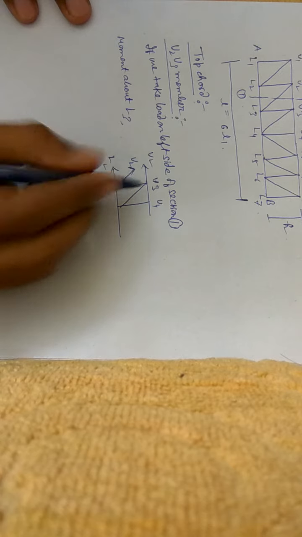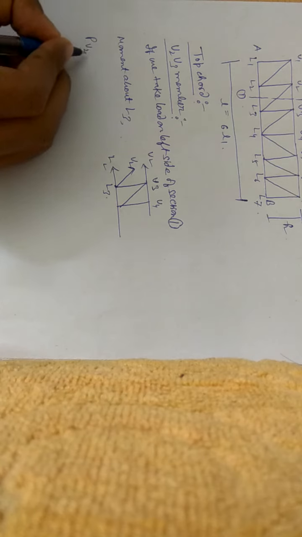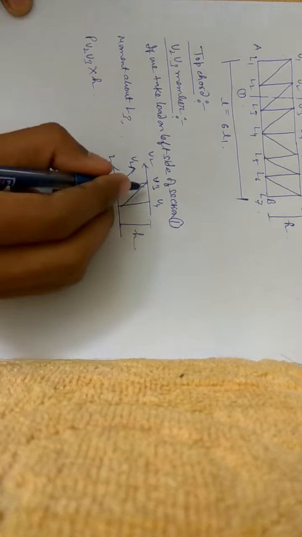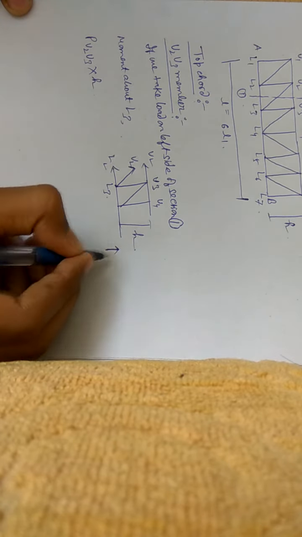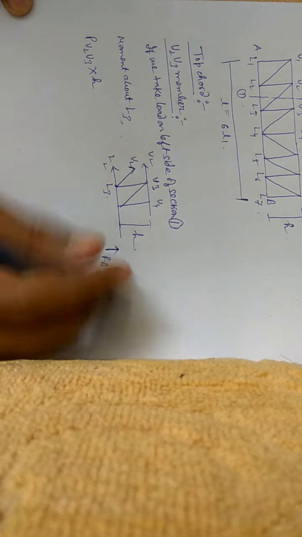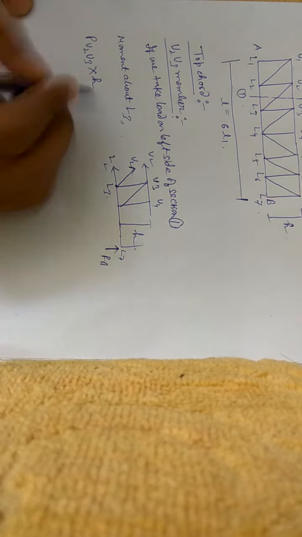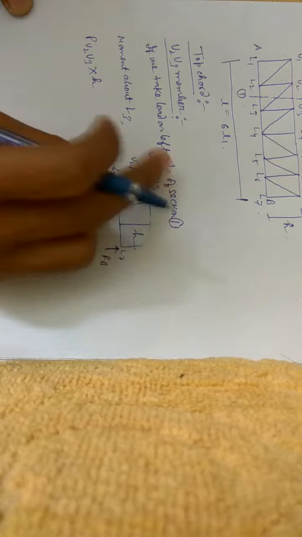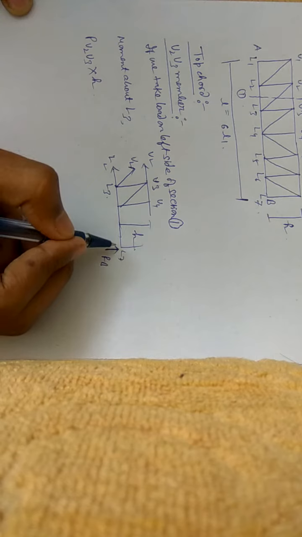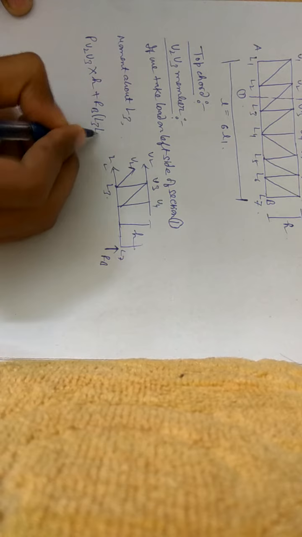Then only this force remains, that is P U2 U3 into h, because this is the h distance, and there is one force RB at the end of this truss, and RB into this distance L3 L7. This is clockwise, and this is also clockwise, so they have the same sign.